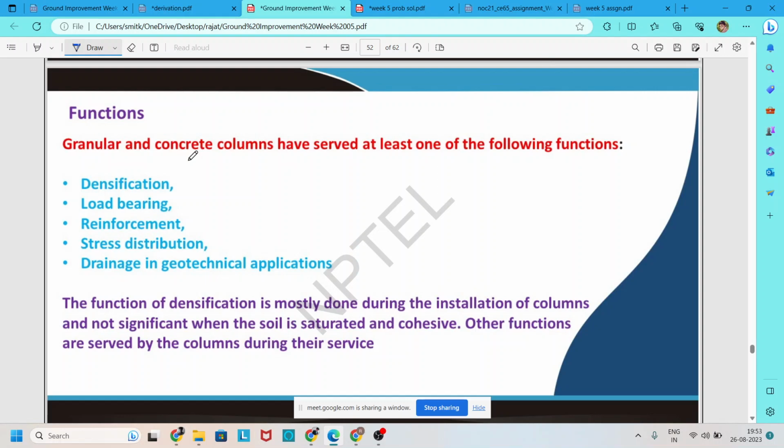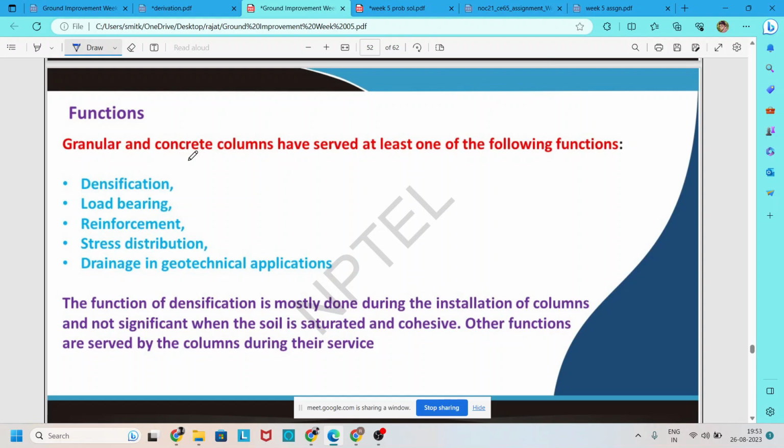And reinforcement: when we apply this composite column in different locations, a soil-reinforcement type of nature is created, which is good for our surrounding soil.